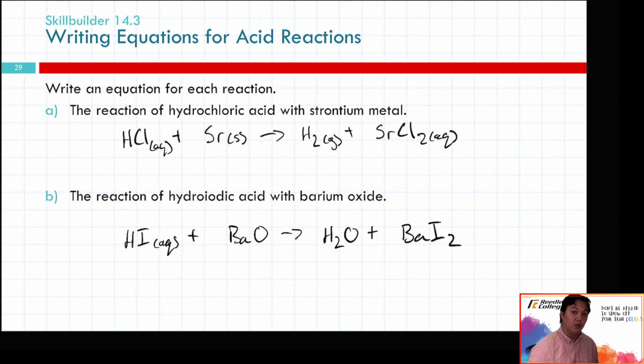And so barium has a 2 plus, iodine is a 7A main group non-metal, so it has a -1 charge. Oxygen is a 6A, so it has a -2 charge. Barium's a 2 plus. And then we just have to balance this. We just place a 2 there. We'll see that we now have 2 hydrogens, and we also have 2 iodines, a single barium, and a single oxygen.